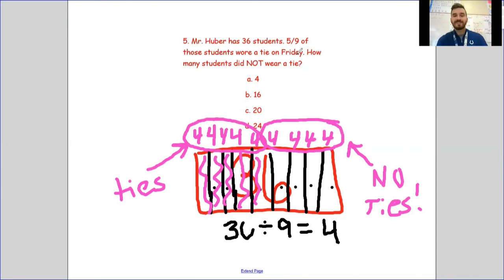It says how many students did not wear a tie? This right here is ties. This right here is no ties. So I could go 4 plus 4 plus 4 plus 4, or I could do 4 times 4. Either way, I would get 16 as my answer. So you'll see that same picture every time that I'm finding the fraction of a whole number.